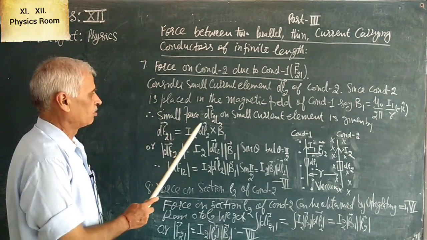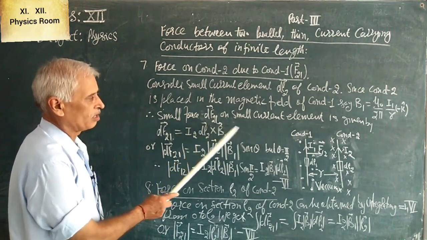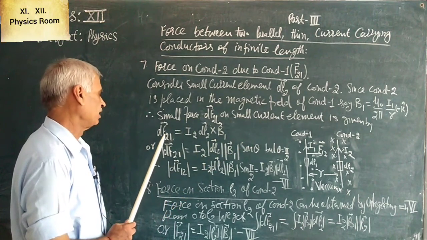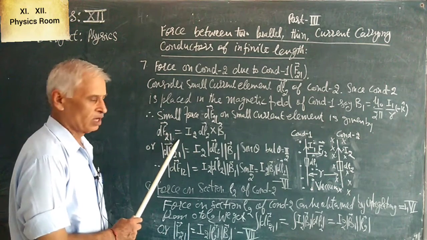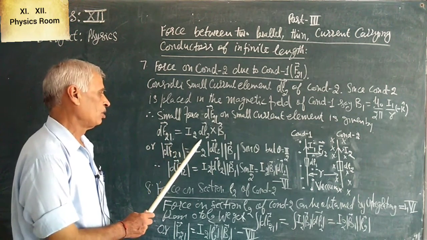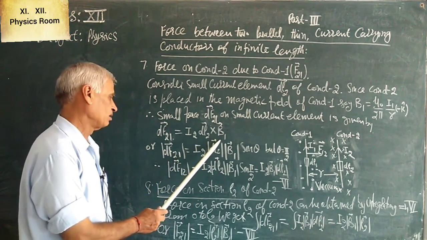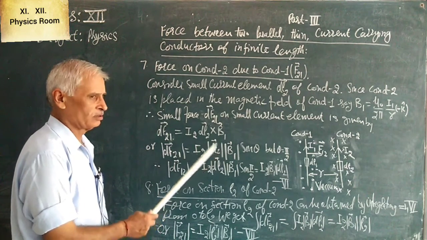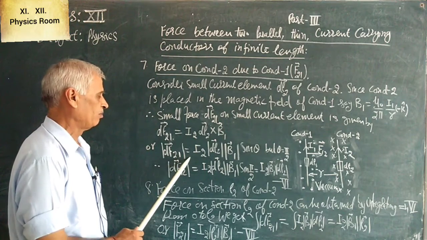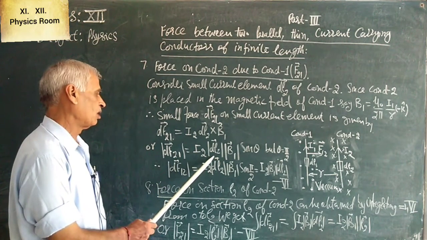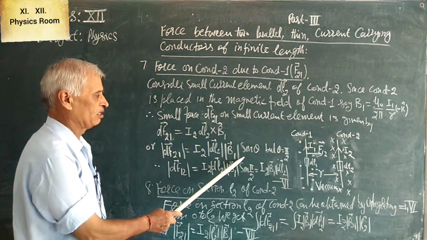So the small force dF21 on the small current element dL2 is given by dF21 is equal to I2 dL2 cross B1. Let us evaluate its magnitude. The magnitude of dF21 will be equal to I2 mod dL2 mod B1 sin theta.